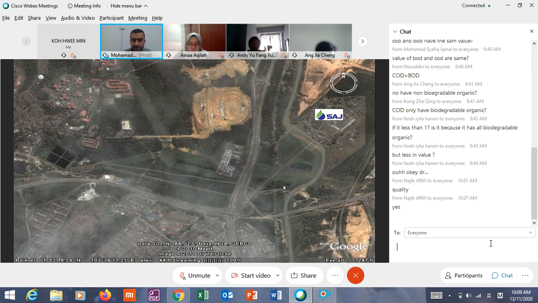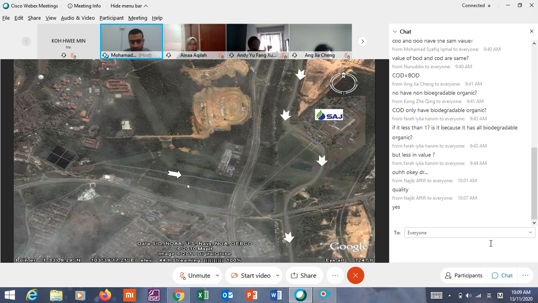The water intake point means that this plant collects water from the river at this point. And we have the wastewater discharge point here. But which one comes before? Of course, the water intake point comes before, because the river is flowing from up to down. So these are the lines of water and wastewater moving, with arrows showing the direction.